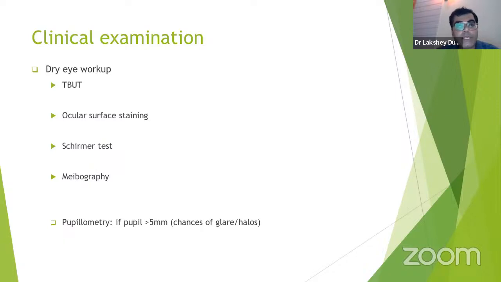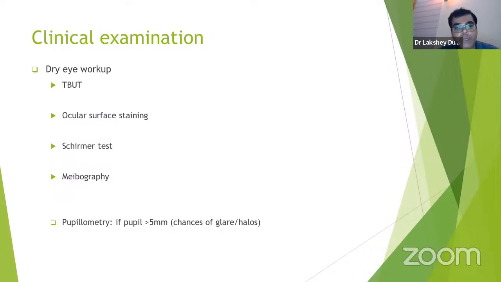Another point in clinical examination is the dry eye workup. We need to check tear breakup time, which is done by putting fluorescein dye and checking for the first point of tear film breakage; more than 15 seconds is normal. Next is ocular surface staining and the Schirmer test.